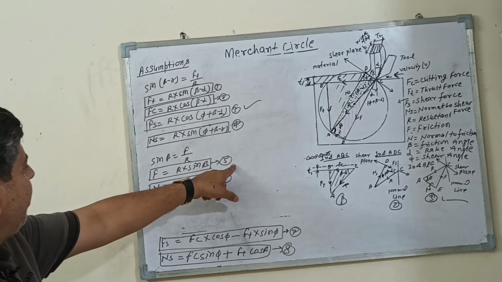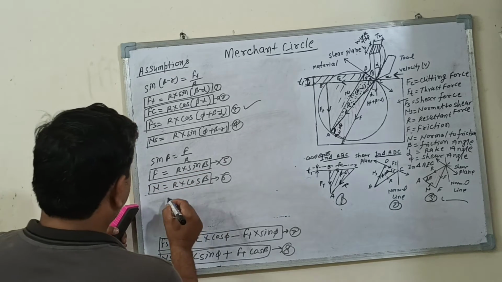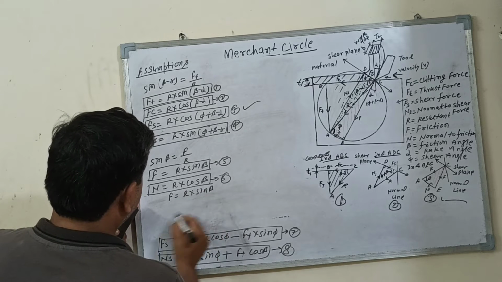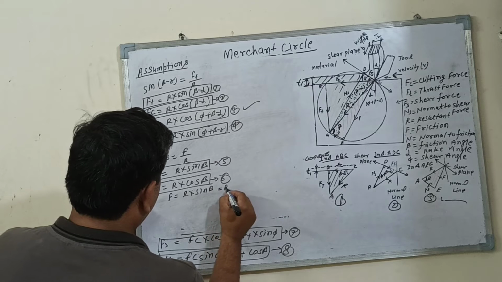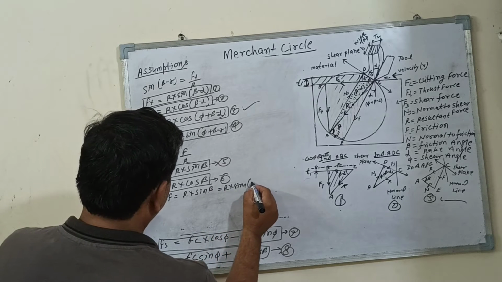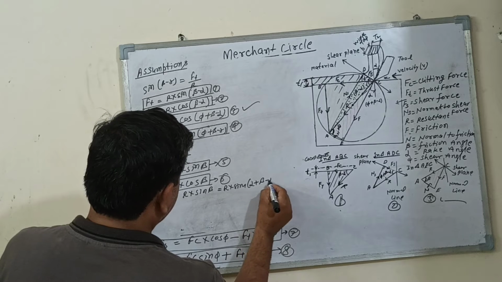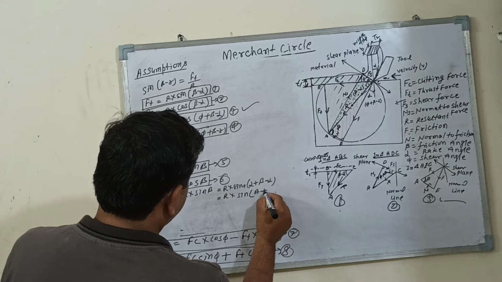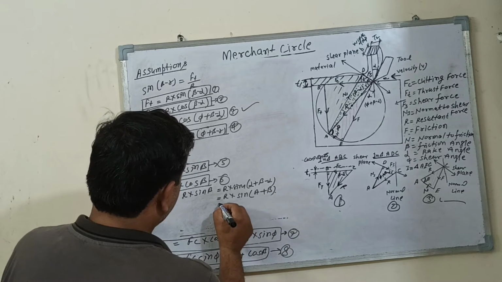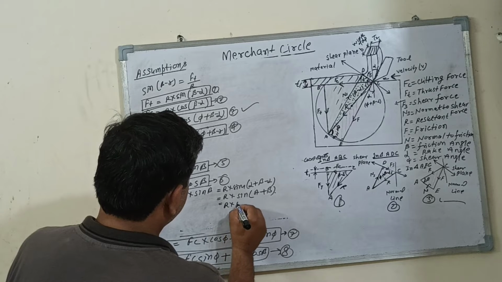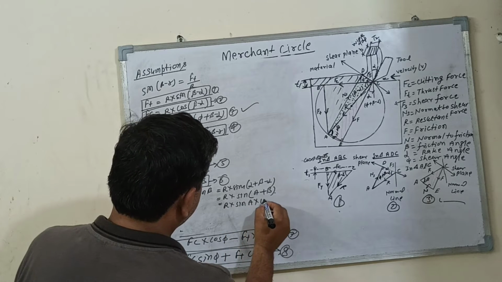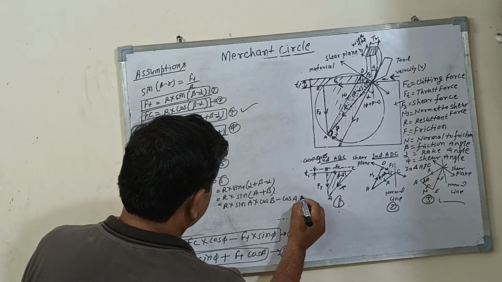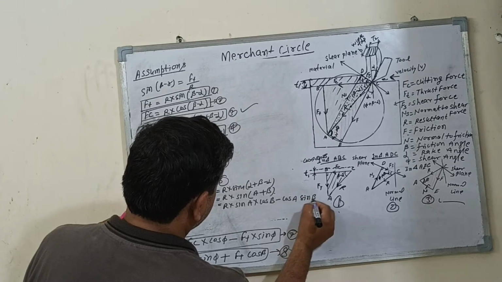From the equation number 5, F is equal to R into sin b. So you can write here R into sin(alpha + b − alpha). So R into sin(a + b), so you can write R into sin a cos b plus cos a sin b.